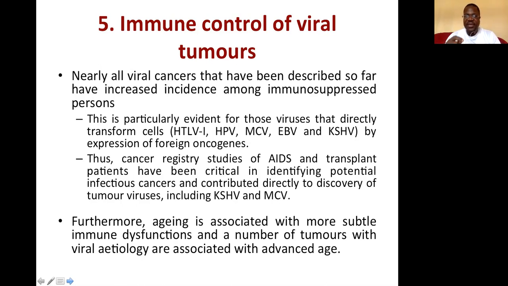But in addition to that, aging is also another factor that plays a major role here. Advanced age is also associated with a weak immune system. So people who are very old also tend to develop the same cancer because their immune system is also low.